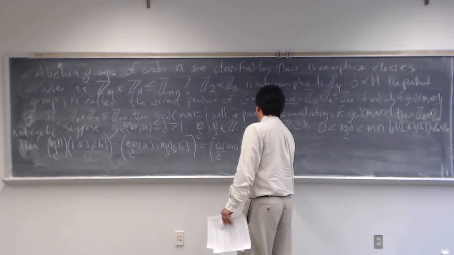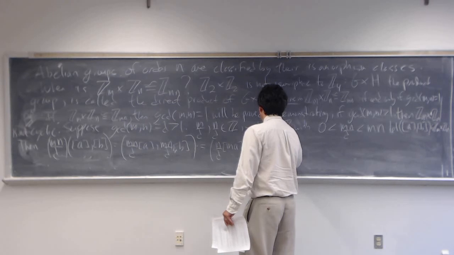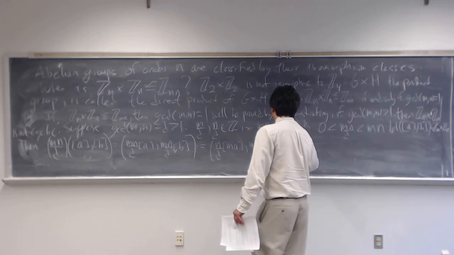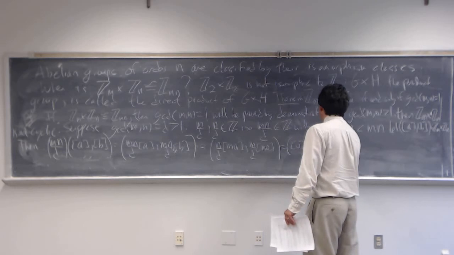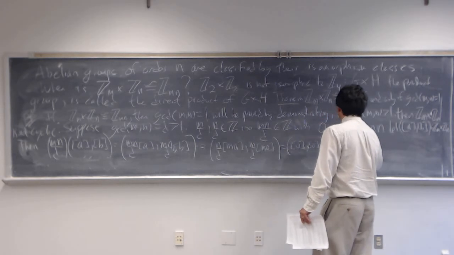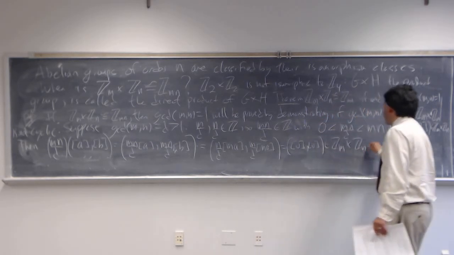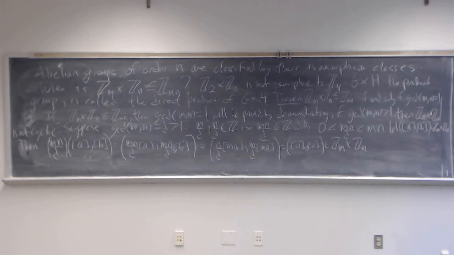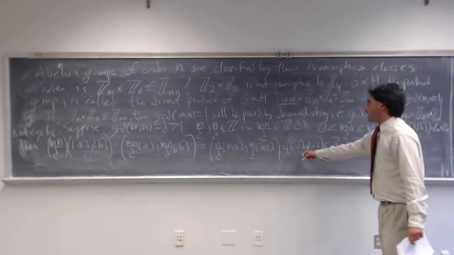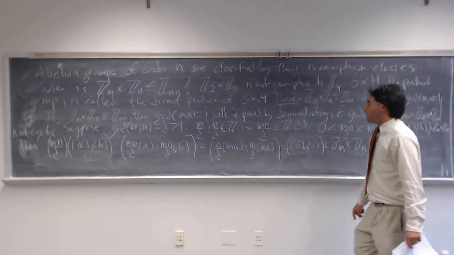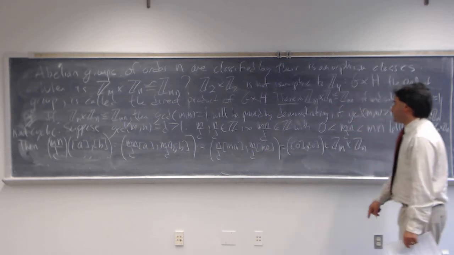Here we would have m over d times n a. But that's got to equal the identity in the product group, because this is the identity class in Zm and this is the identity class in Zn.